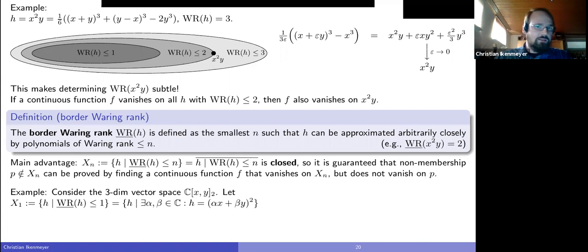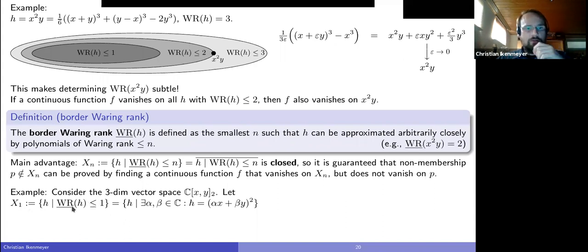For example, let's look at border Waring rank at most 1 in some very tiny example, a tiny vector space. Let's look at the vector space of homogeneous degree 2 polynomials in 2 variables, x and y. That's just a 3-dimensional vector space. You have x squared, xy, and y squared. This is your basis. And you want to look at a subset here, which I call X1. It's the set of polynomials that have a border Waring rank at most 1.